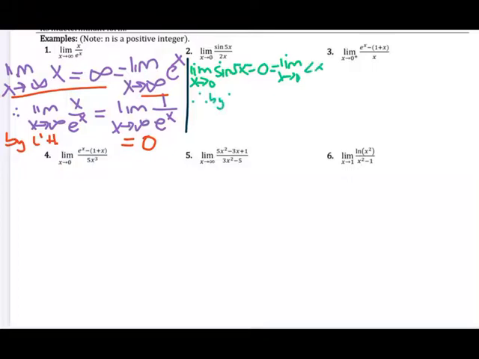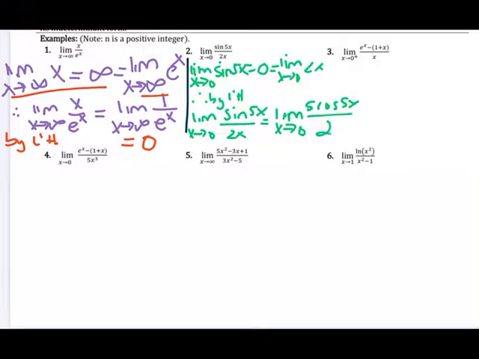Therefore, by L'Hopital's rule, the limit as x approaches 0 of sine of 5x over 2x equals, don't forget your limit, you have to keep writing the limits each time, the limit as x approaches 0 of the derivative of sine of 5x, which is 5 cosine of 5x, over the derivative of 2x, which is just 2. And now if I use direct substitution, cosine of 0 is 1, times 5 over 2 is just going to be 5 over 2.